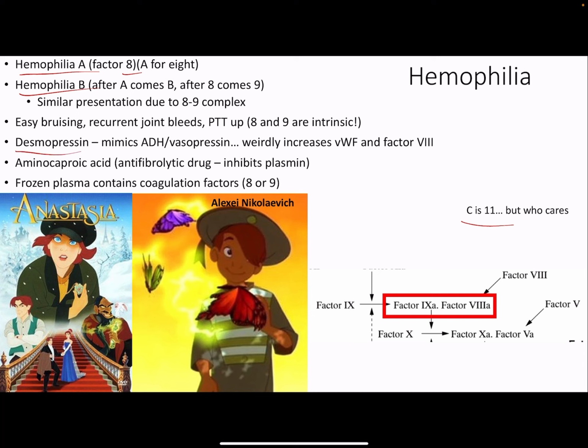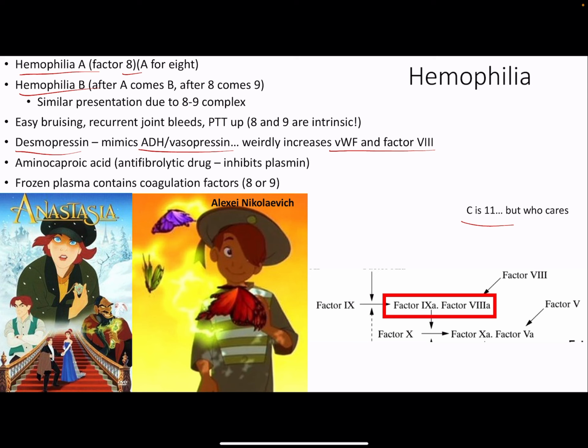Something called desmopressin, a vasopressin mimic, is going to increase the von Willebrand factor and factor 8, which obviously will help for hemophilia A. Aminocaproic acid is an anti-fibrinolytic drug. So this is going to inhibit plasmin, which effectively just means that whatever clots you do have are going to last you a little bit longer.